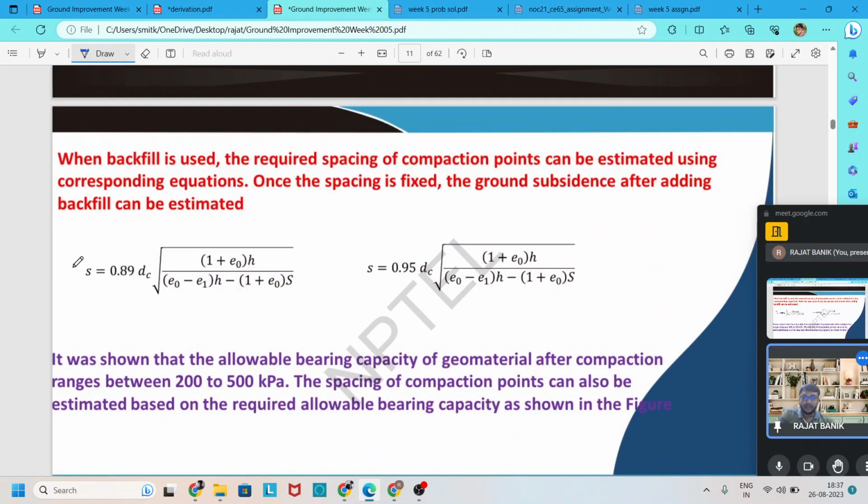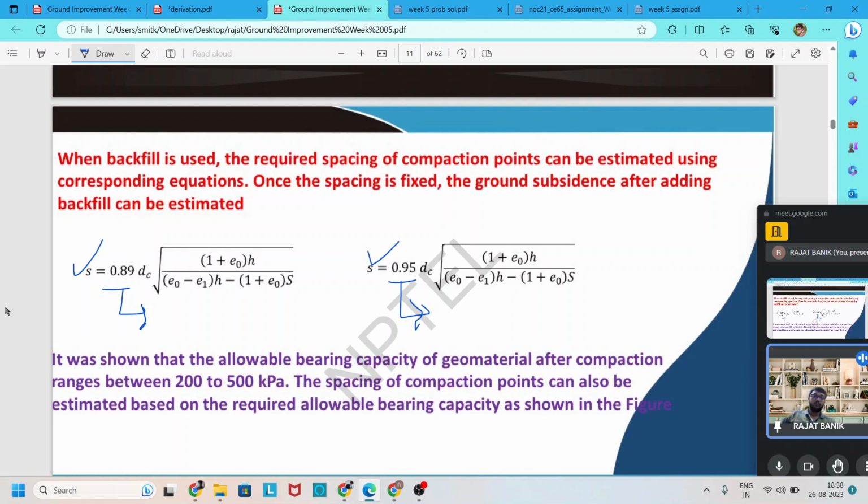You can see one is for the square pattern, the first one, and the second one is for the triangular pattern. So by this formula we can find our spacing based on our backfill material, whether backfill is needed or not. If backfill is needed, how much backfill material is needed? Based on this backfill material or influence area, we can find our spacing. And also we can find spacing based on the bearing capacity formula.